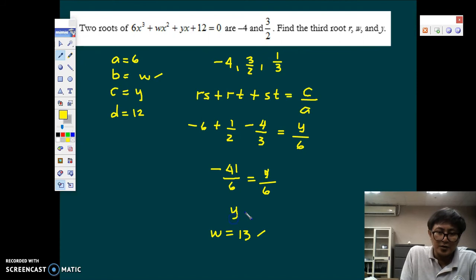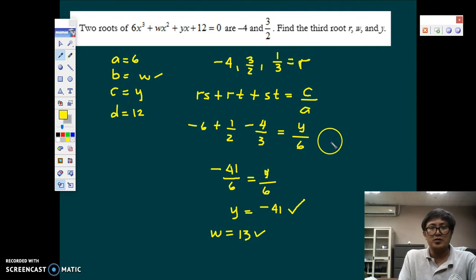So y is equal to, obviously, same denominator, the numerators are the same, negative 41. So we have this, we have w, and we have this is r, what we got earlier. And that's done.